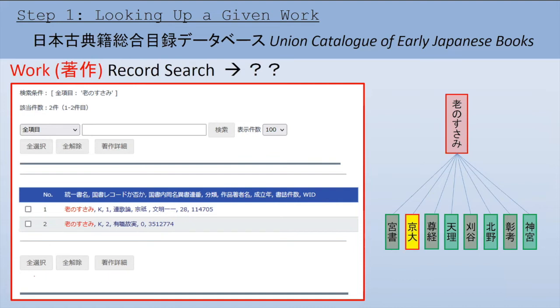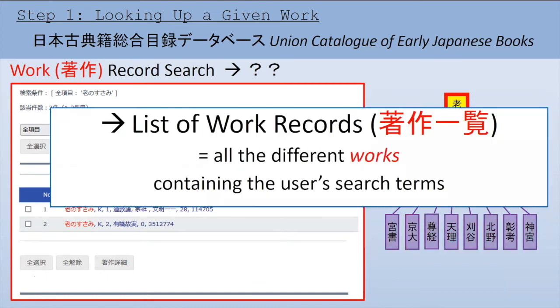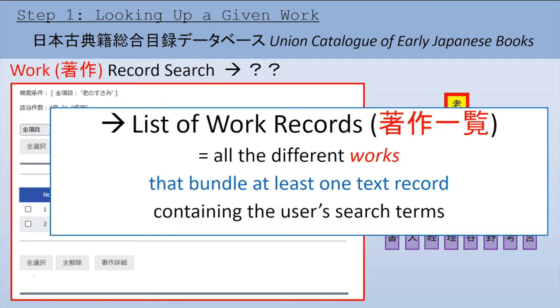If your search can hit the content of even only one of these texts, this also lights up, so to speak, the overarching work record, from which you can then navigate at will to any of the texts under its umbrella. Thus, a more accurate explanation might be that a work record search returns a list of all the different works that bundle at least one text record containing the user's search terms.